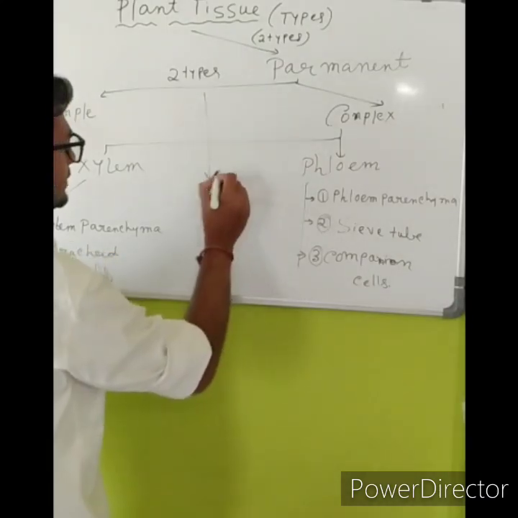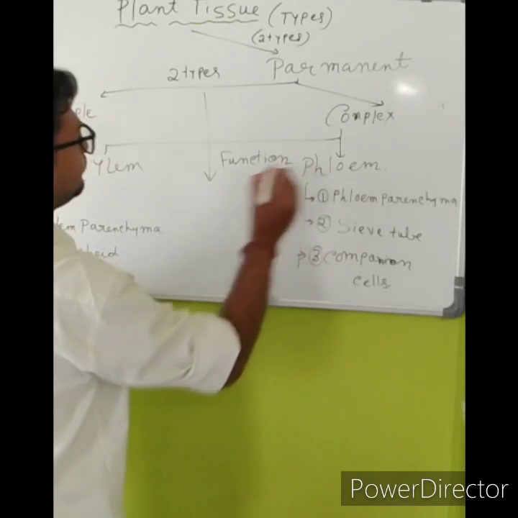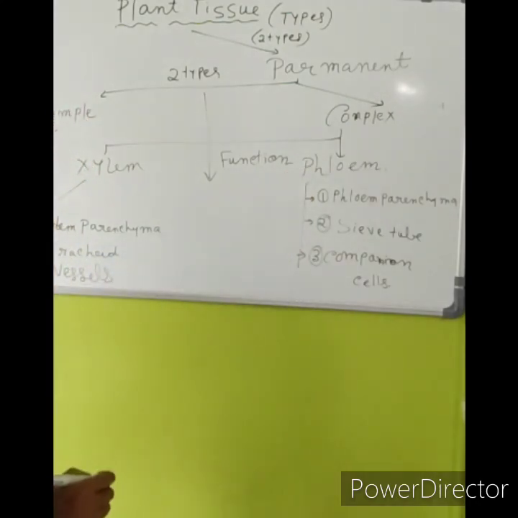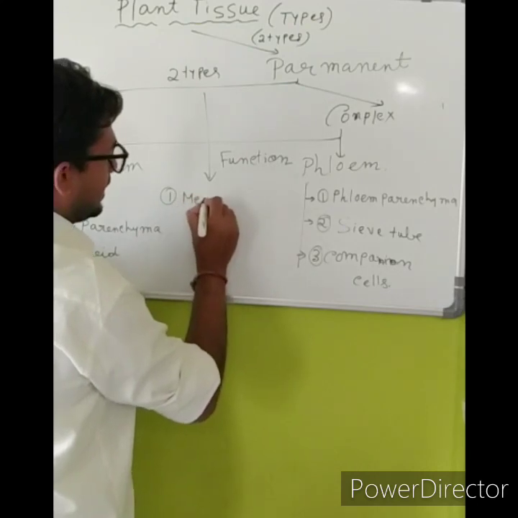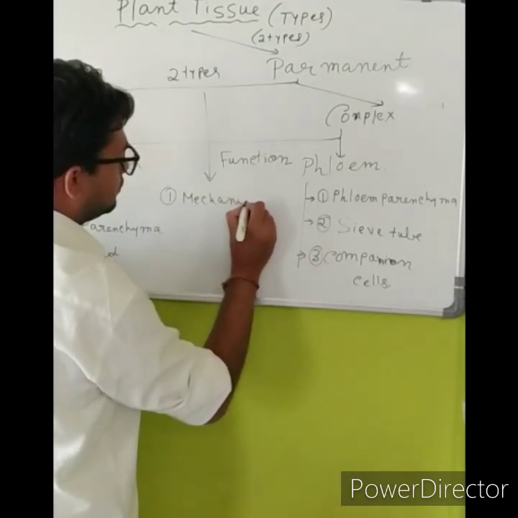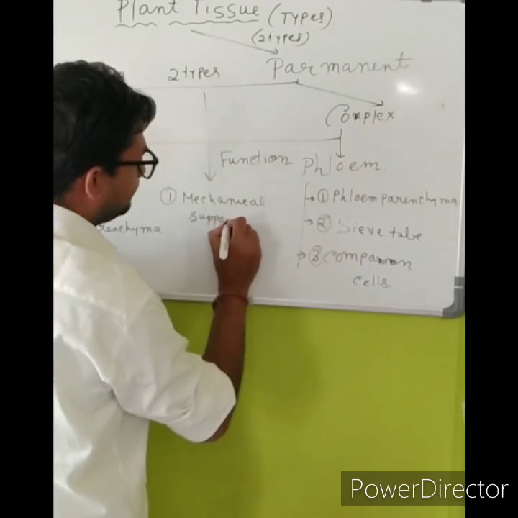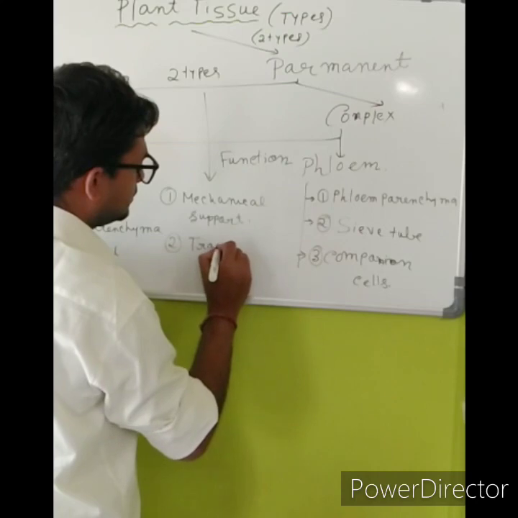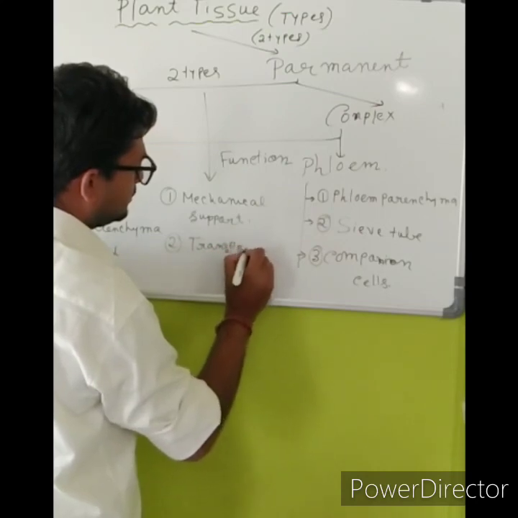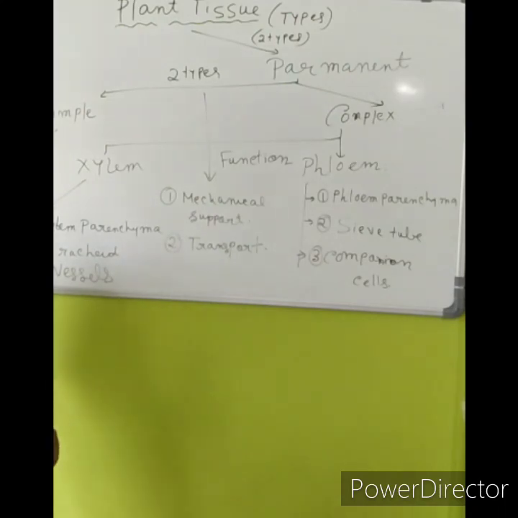The main function of the xylem and phloem is to give mechanical support to the plant body and to transport food materials to different parts of the plant.